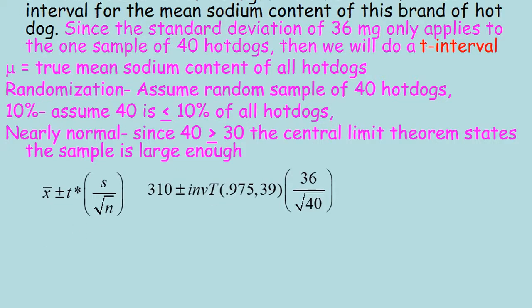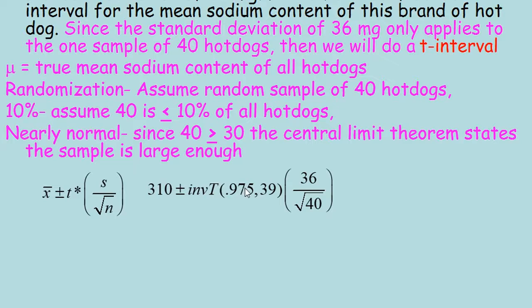It was 310 plus or minus. Now, instead of doing inverse normals for the Z scores, we're going to switch to something called inverse T for the T scores. Write it down: inverse T. Since this was a 95% confidence level, I'm going to put 0.975 here because you have to add the bottom tail area.